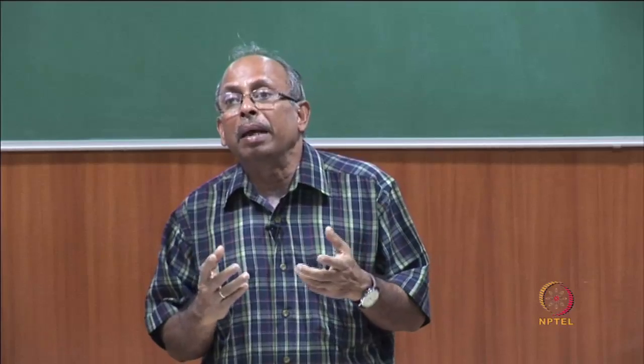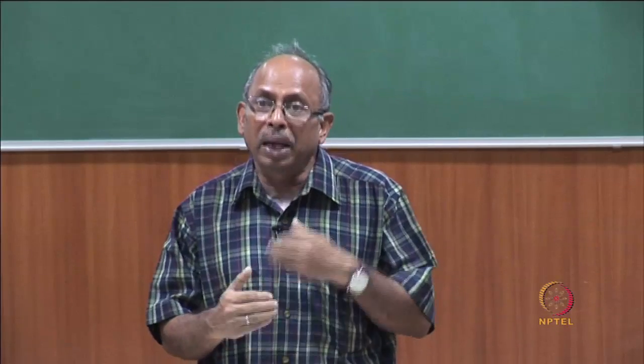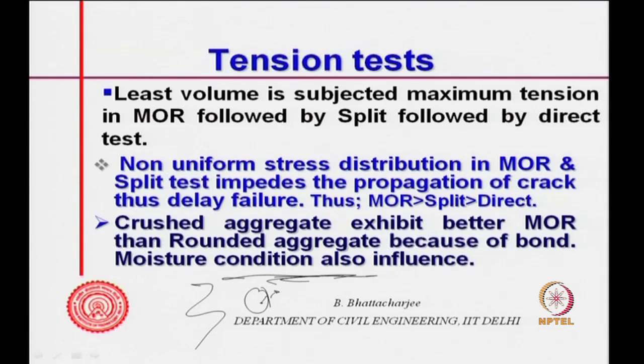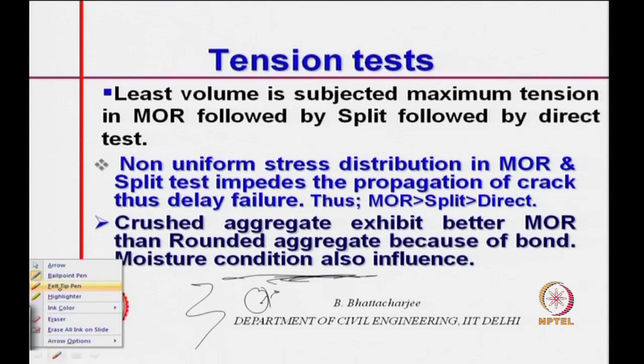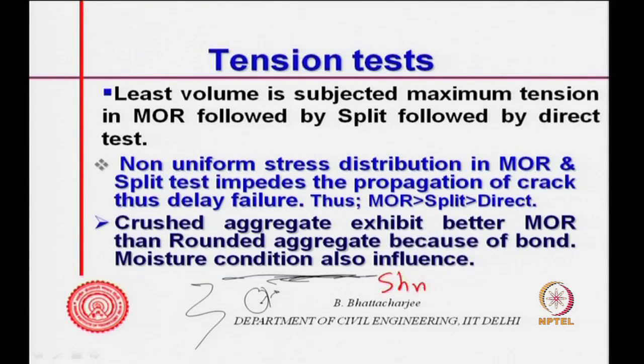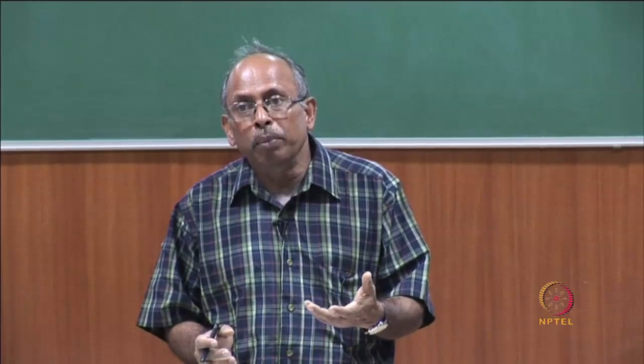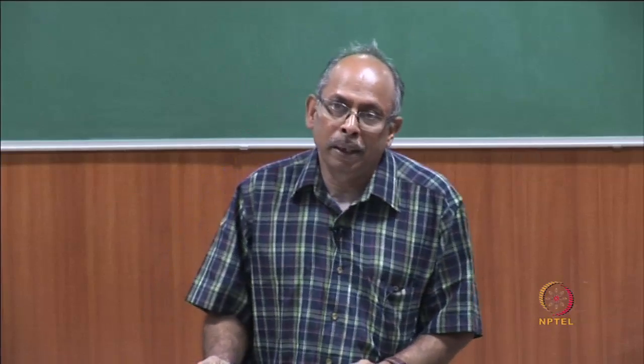Because it minimizes the shrinkage, while in a dry specimen shrinkage comes into the picture. In a dry specimen there are some shrinkage cracks which will always be available, and the tensile strength becomes lower, both MOR as well as the direct tensile strength.